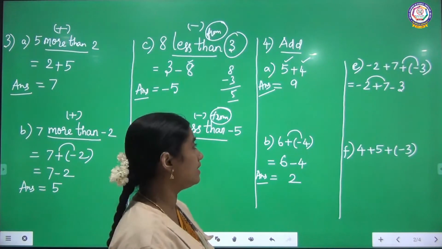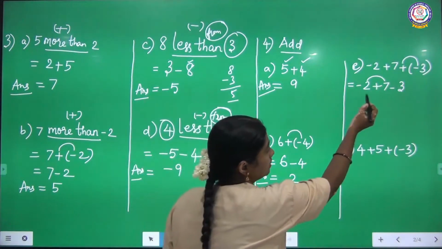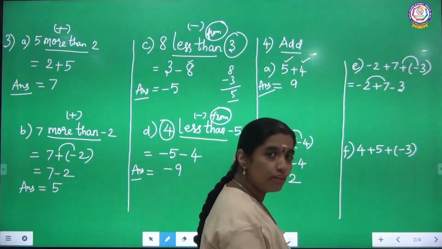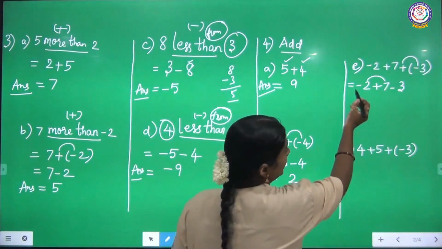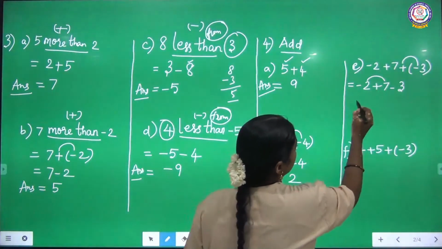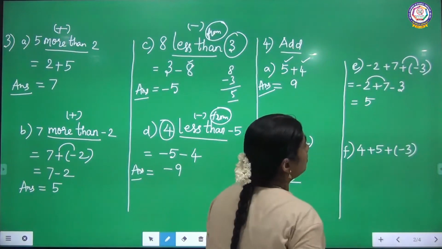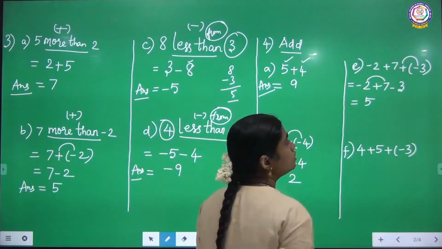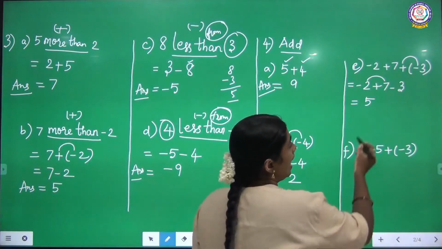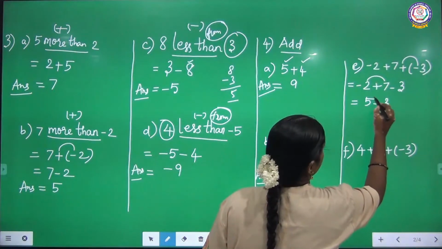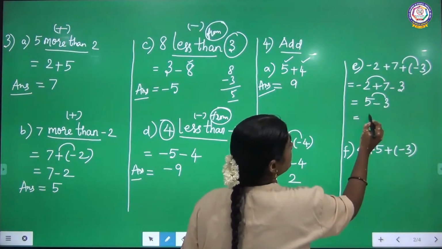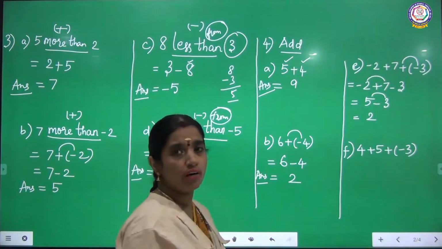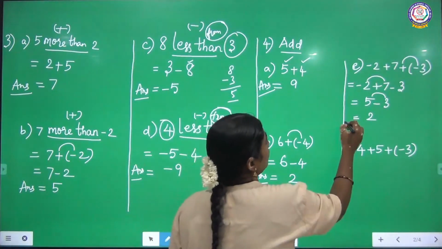See, alternate symbols, so I am going to subtract this. Minus 2 plus 7 is what? 5, because plus 7 minus 2. So the answer is 5. Again 5 minus 3. 5 minus 3 is what? 2. Can you clear this?